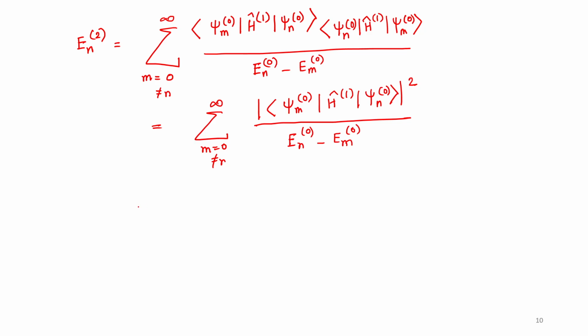Depending on that, if you think of a ground state, n is always going to be lesser than m. So in that case, E_n^(0) is going to be less than E_m^(0), right?